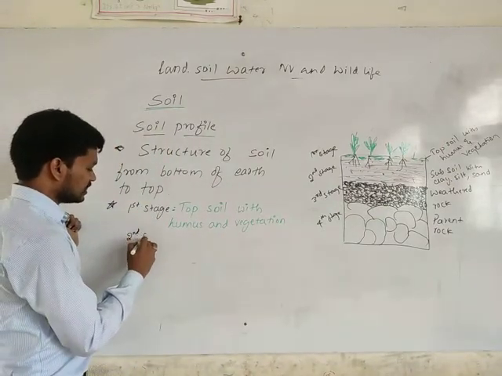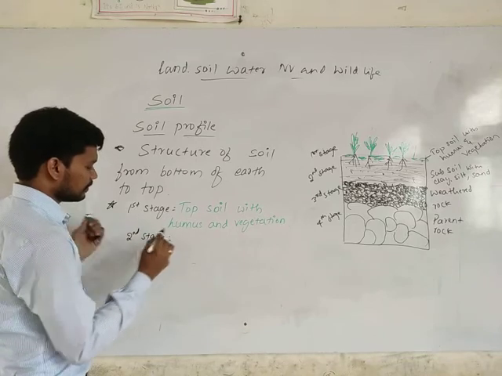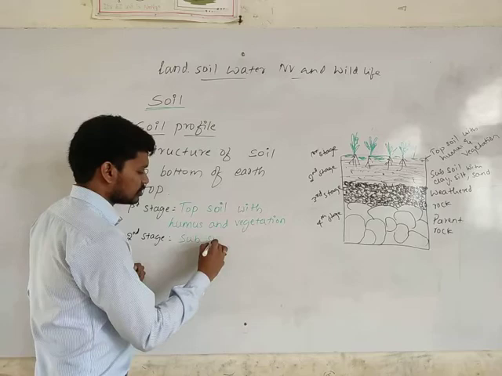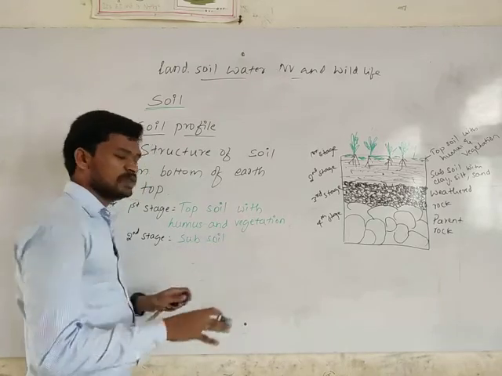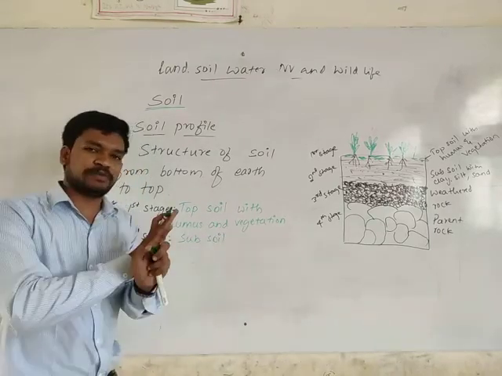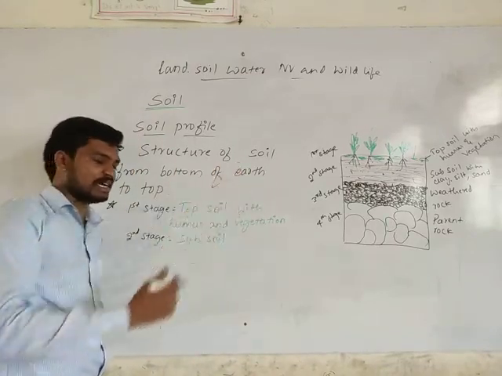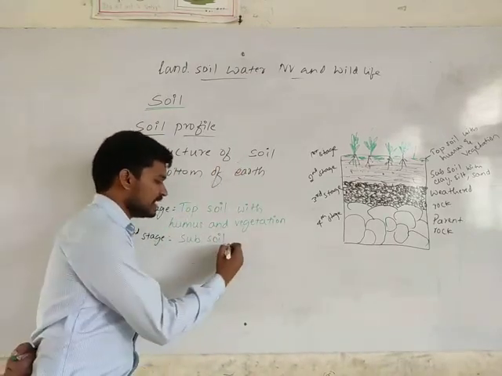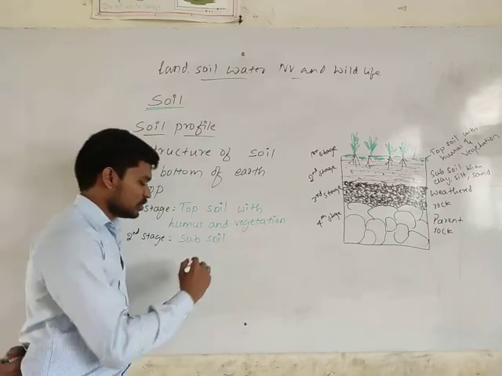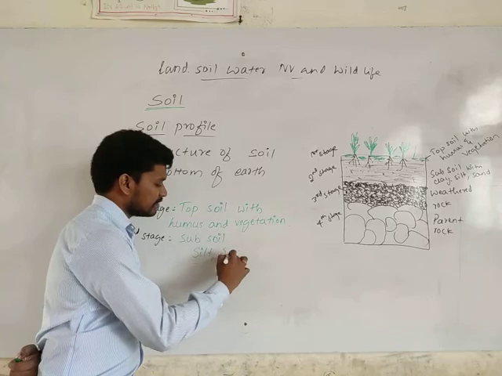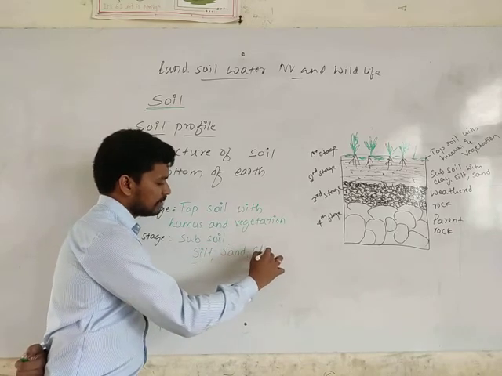Then in the second stage, we have subsoil. The subsoil means it has not fully formed soil. The subsoil is going to form soil in the next level. This subsoil includes silt, sand and clay.